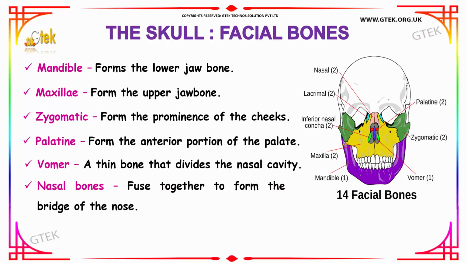Next we are going to see the facial bones of a skull. Mandible is the bone that you can find in your lower jaw. Maxillae is the bone that you can find in your upper jaw.